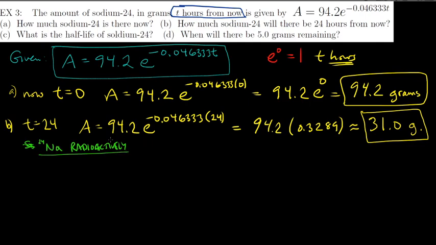And that radiation, those are particles, and those particles have mass. So as it radiates, it's losing mass, right? So that's where it went. It basically is particles, electrons and helium nuclei that fly off of it. But again, you don't have to worry about where it went. Just know that this is how much you have left after 24 hours.